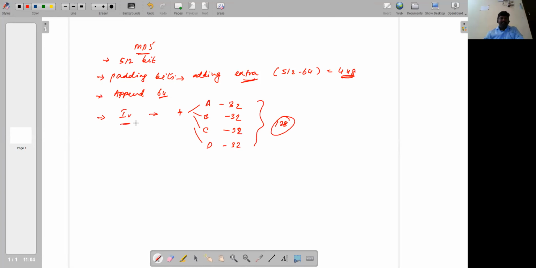The value stored in the initial vectors is going to be processed with the 512-bit block. So here we have our MD5 algorithm, which takes a 512-bit block and the 128-bit initial vector values, and processes them.